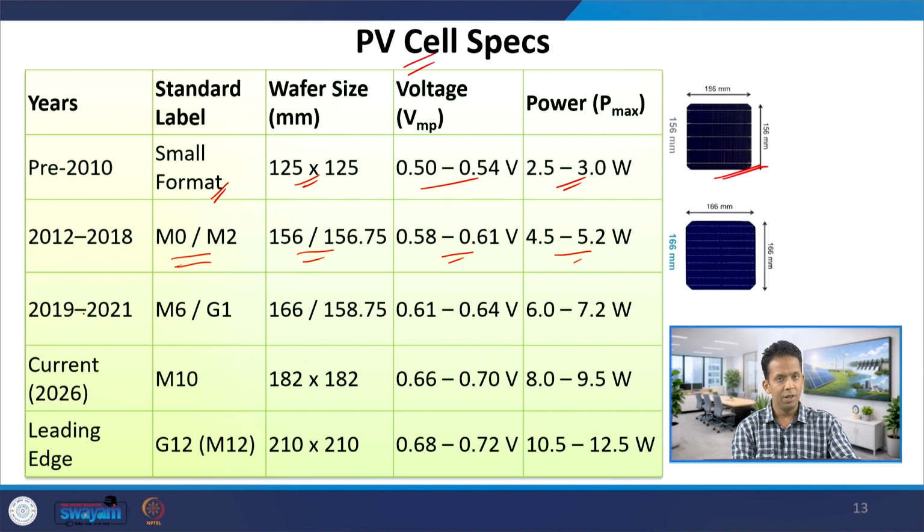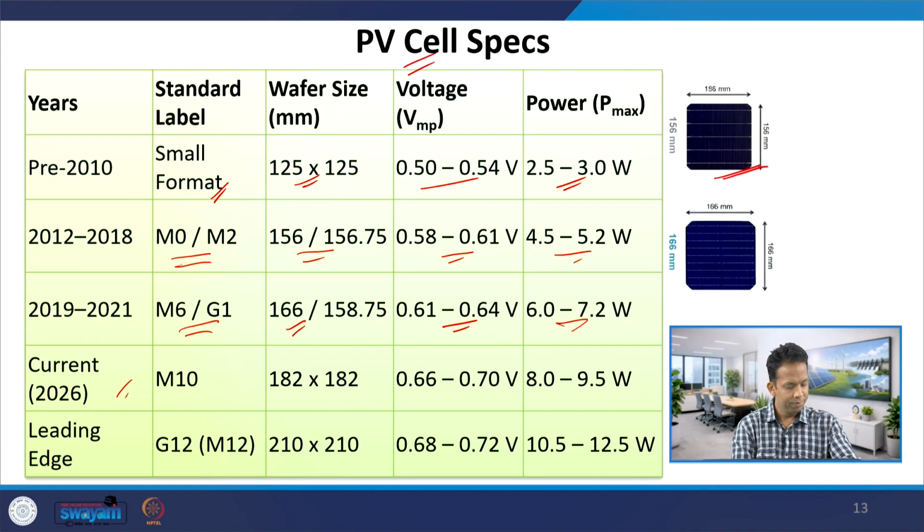During 2019 to 2021, M6 and G1 came into the picture, where the wafer size was increased further by 10 mm and they were rectangular in shape. Voltage was raised by 0.03 volt up to 0.64 volt, and the power was 6 to 7 watt.